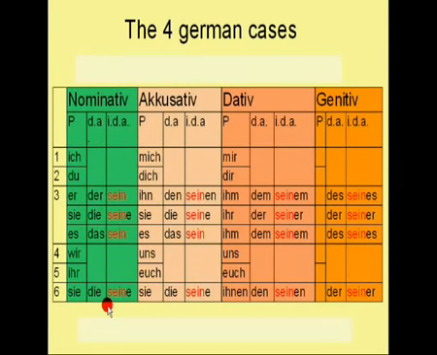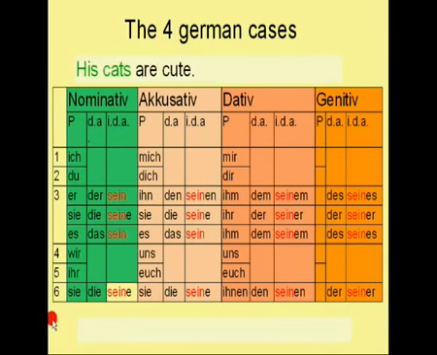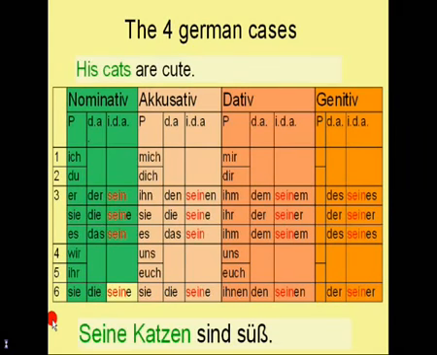In German we don't have indefinite articles for the plural nouns, but we have possessive pronouns for the plural nouns. So this is the word that we are looking for. The word stem sein and the ending e for plural nouns. And the sentence reads, Seine Katzen sind süß.